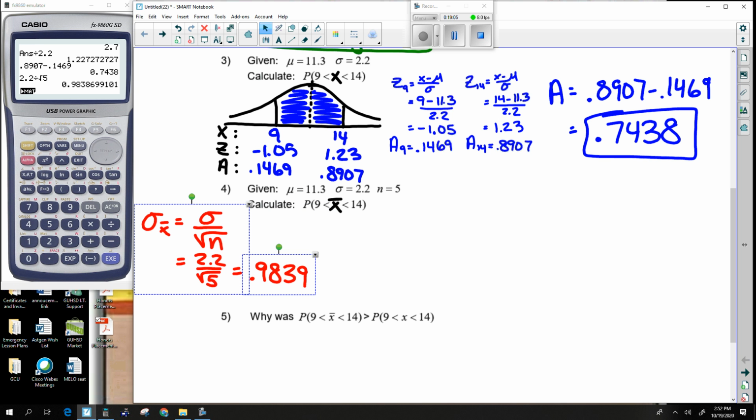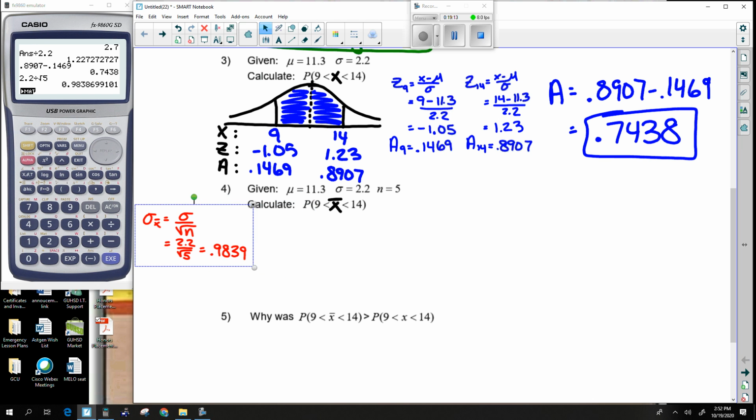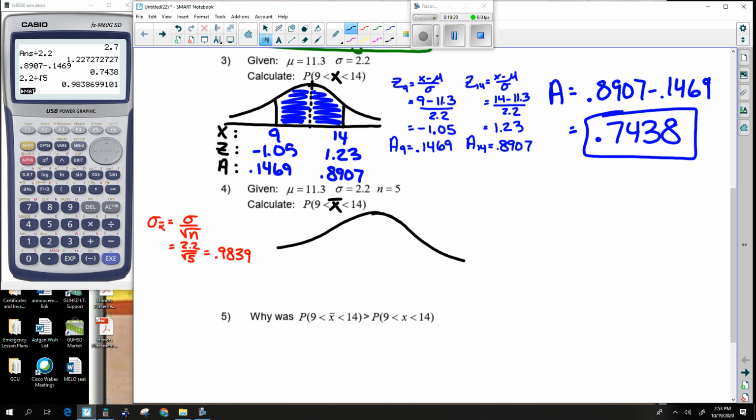So I have to set up the problem so I get the correct results. So this is the key difference, and that's going to just change the mathematics. Not the idea of the question, but just the mathematics of it. So we're still finding an area between 9 and 14.